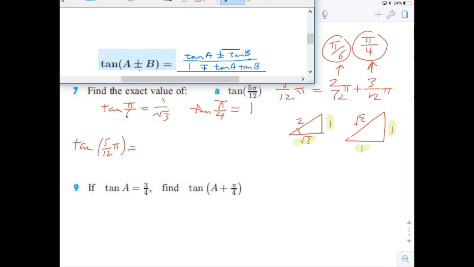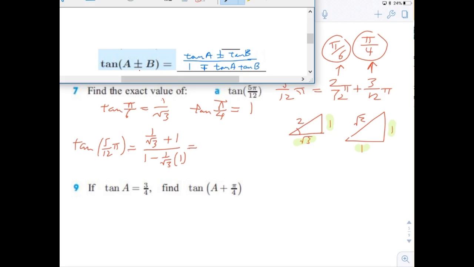So we could rewrite that as the tangent of A, which is 1 over square root of 3, plus the tangent of B, which is 1, and that's divided by 1 minus the tangent of A, 1 over square root of 3, times the tangent of B, which is 1. Oh, I'm sorry, not pi over 4, 1. Okay? Now let's see if we can simplify this a little bit.